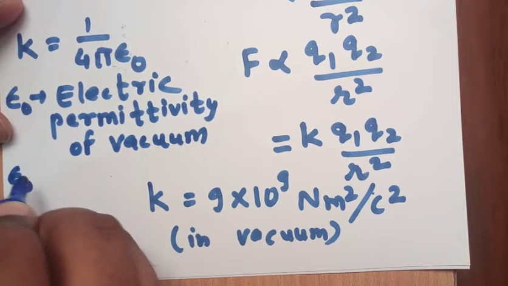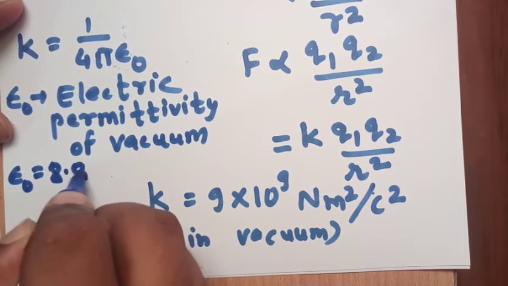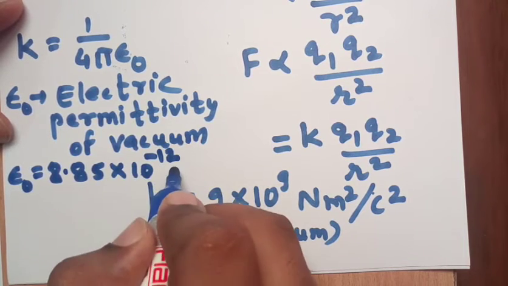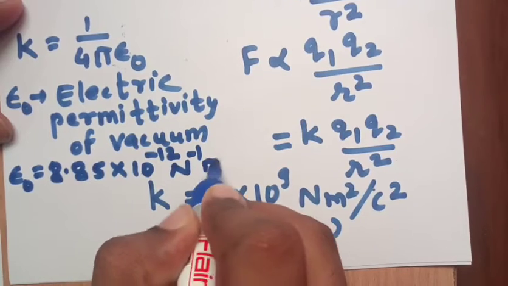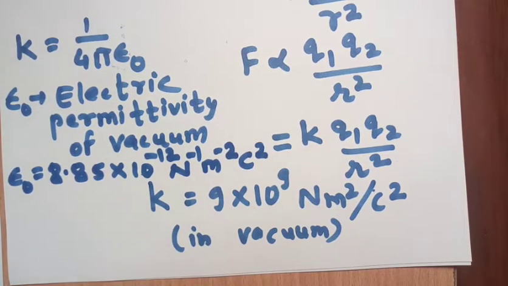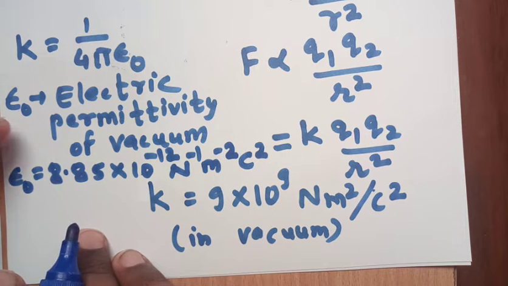The value is 8.85 into 10 to the minus 12 Newton inverse meter inverse Coulomb square. Now, as the medium is changed, epsilon naught has a different value.